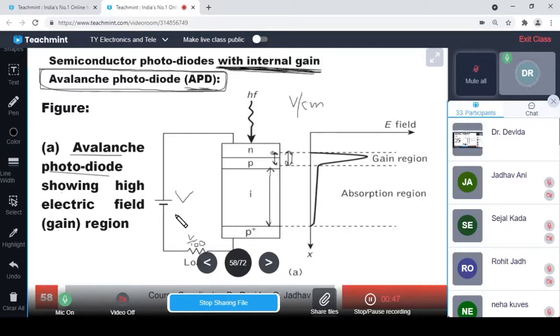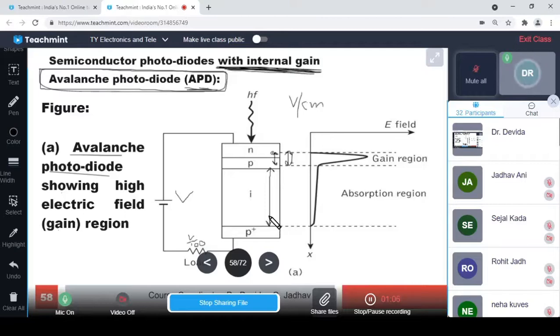Whenever photons are absorbed in the intrinsic region, photoelectrons and photoholes are generated, and they are swept very fast and collected at the positive and negative of the battery.